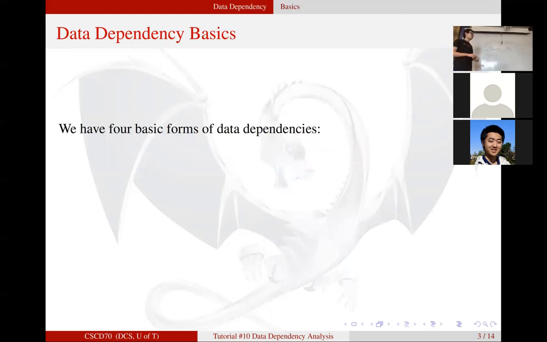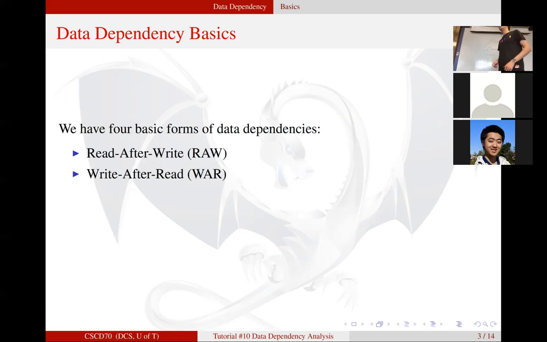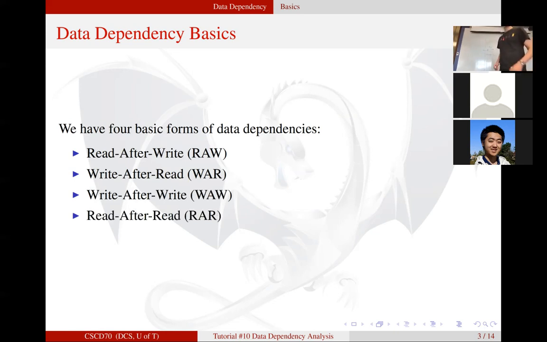We have read after write, whose abbreviation is RAW. Write after read, WAR. Write after write, WAW, and read after read, RAR.